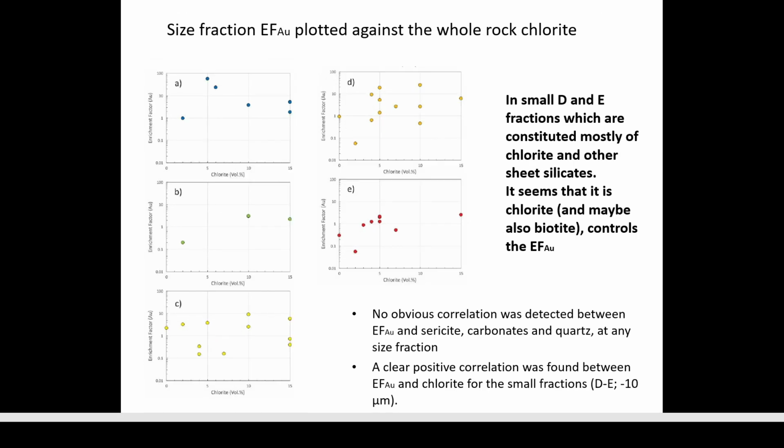Next we look at our enrichment factor versus our chlorite. We're finding the enrichment factor is highest when there is a larger amount of chlorite. We can see in all of our A, B, C, D, and E fractions, we're finding chlorite, although when there is the highest amount of chlorite, specifically in our D fraction, we are finding a larger amount of gold enrichment.